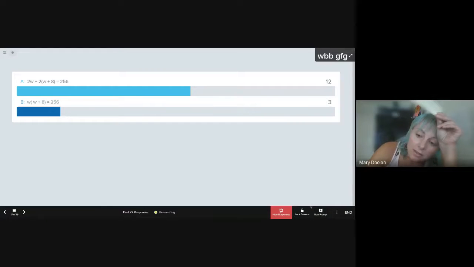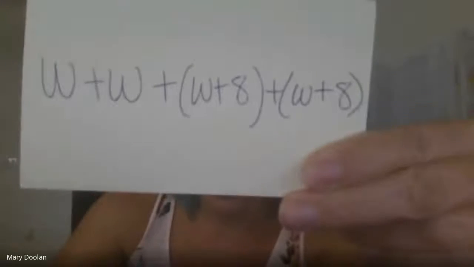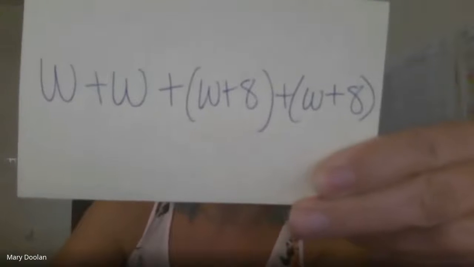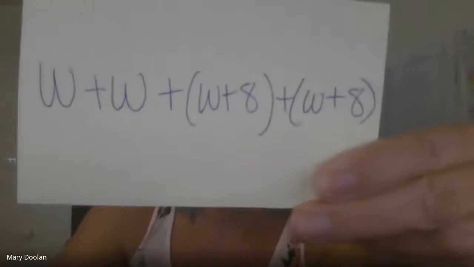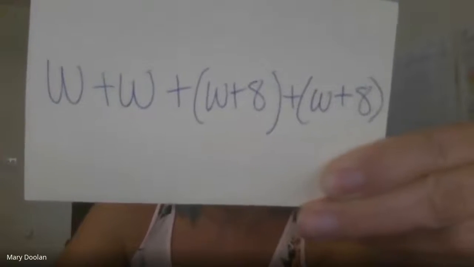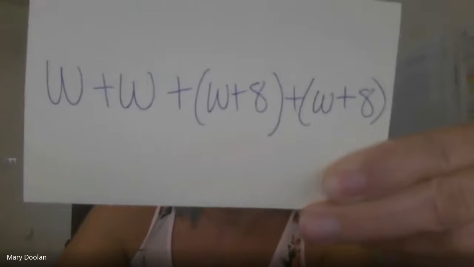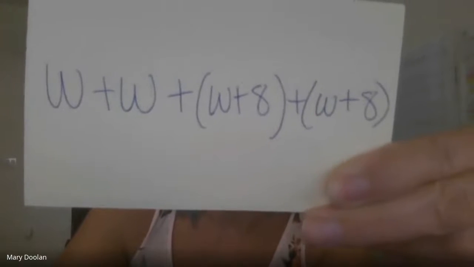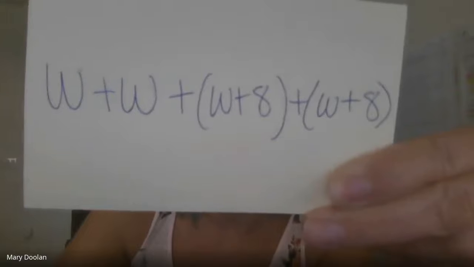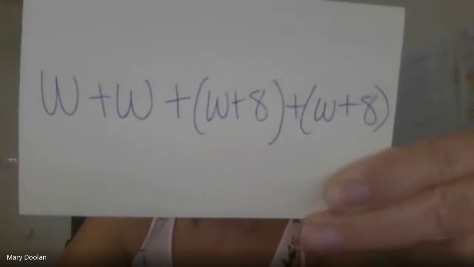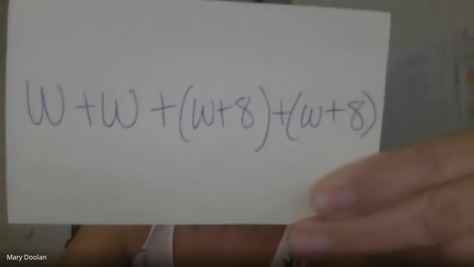All right, so if I'm looking at the rectangle that I have a picture of, and I want to add up all four sides, I would have W plus W plus W plus 8 plus W plus 8, because that is perimeter.